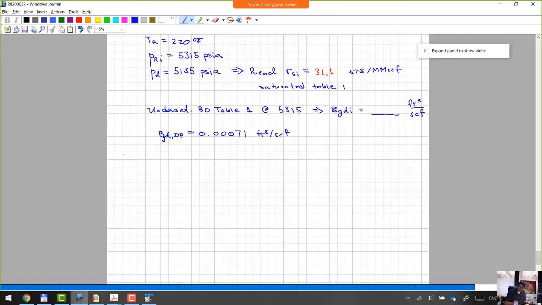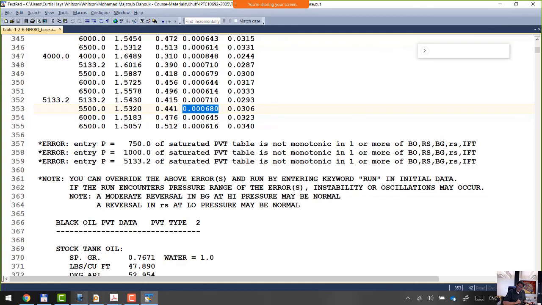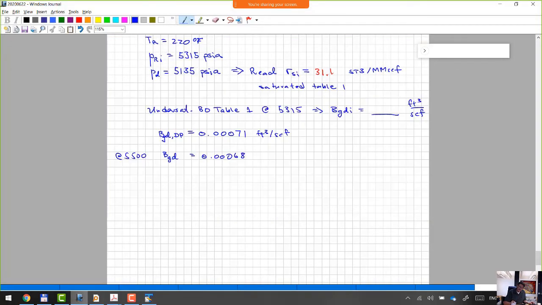And at 5,500, BGD is 0.000680. Interpolating, we get a BGDI at 5315. Can somebody try to do that interpolation?